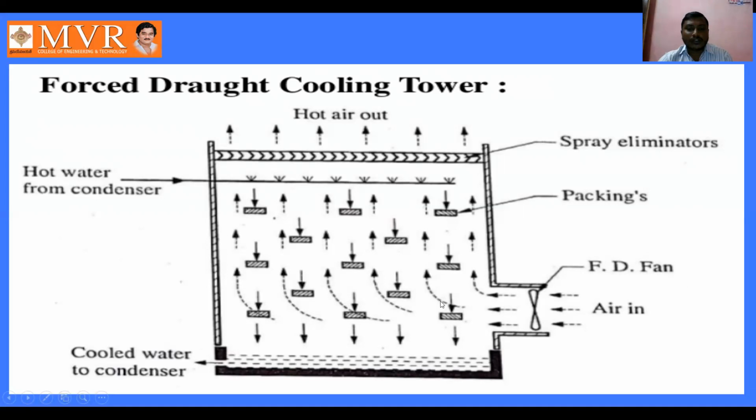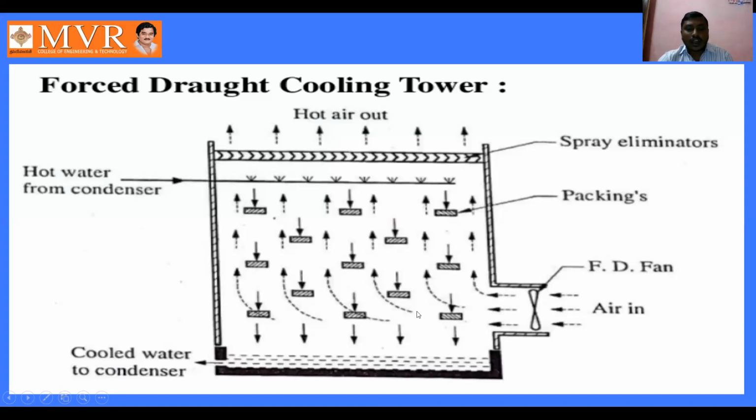When the air rises up, it meets the hot water coming down. Due to the convection process, the heat from the water is exchanged into the air, and the air takes this heat into the atmosphere, and the hot air goes out into the atmosphere.